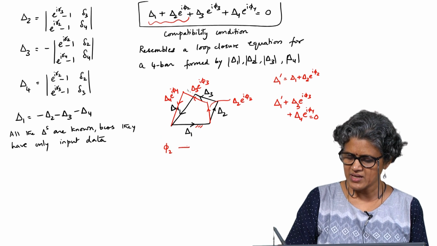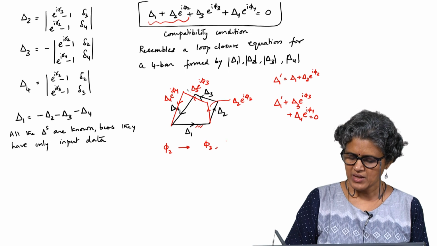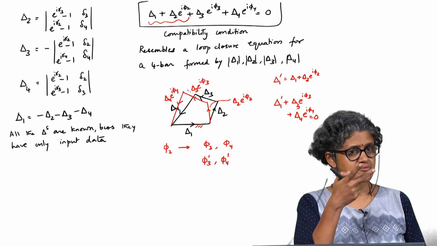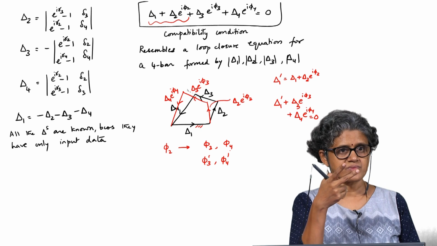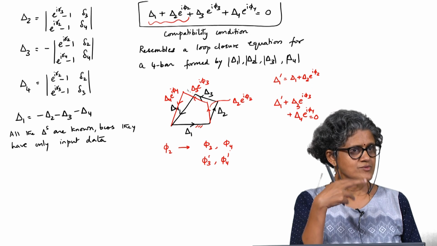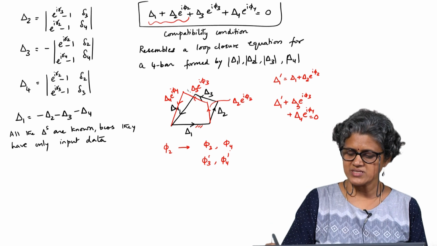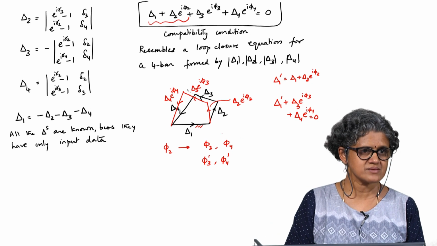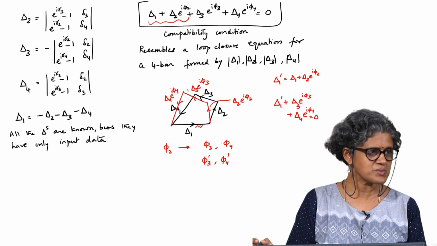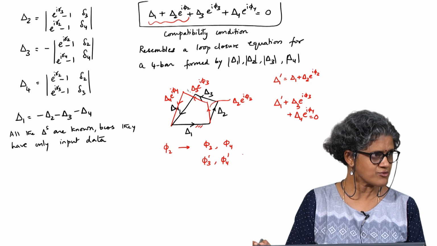I will get a phi 3, phi 4 and a phi 3 dash, phi 4 dash. Why? Because of my 2 assembly modes for the linkage. Okay. So, if assembly mode 1, it is phi 3, phi 4, assembly mode 2, I will get phi 3 dash, phi 4 dash.